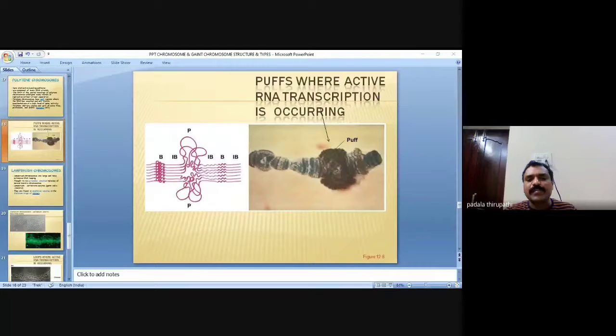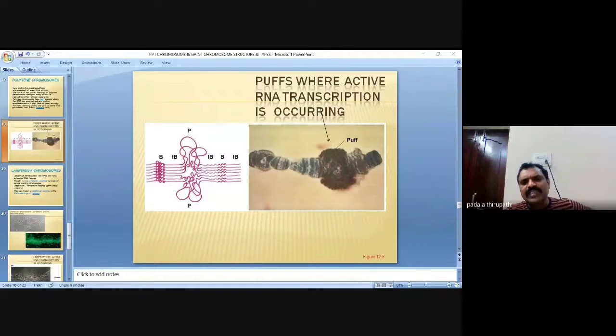And remember, these chromosomes are always in the haploid condition, and the maternal and paternal chromosomes are alike and very close together in the nucleus. This is about the polytene chromosomes.